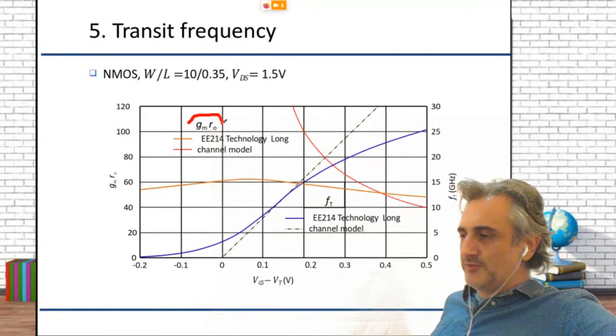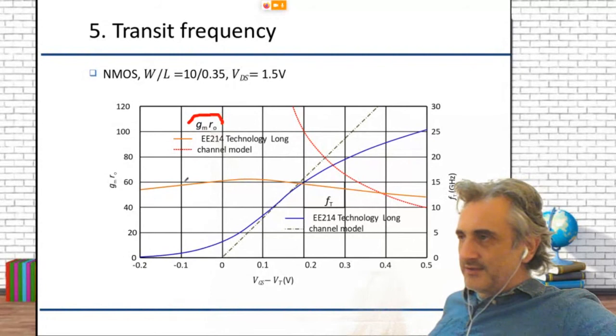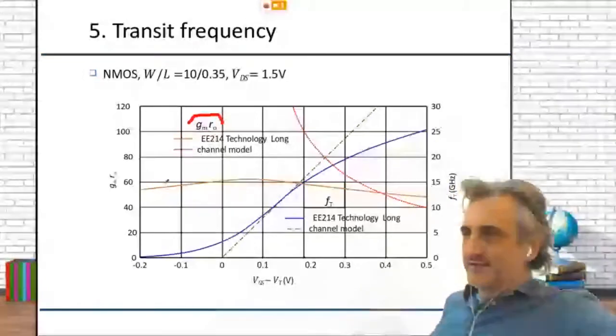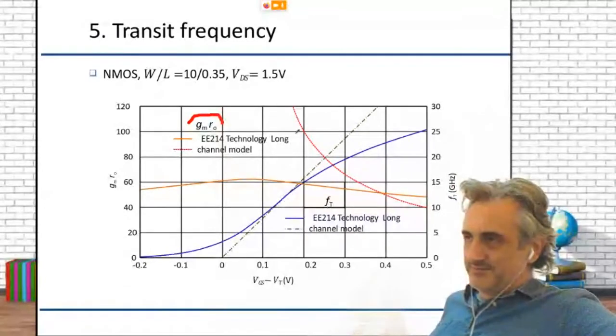This is the maximum gain when we have no load. Our model says something like this red dotted line, and the actual values are something like this orange line, which is more or less constant, around 60.